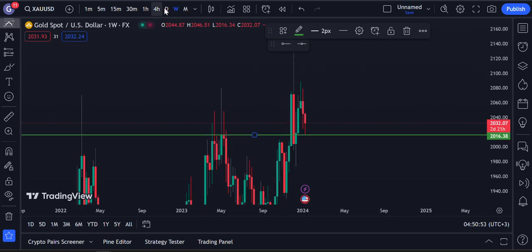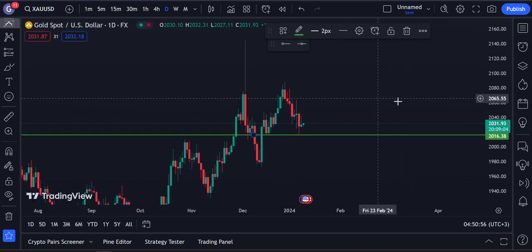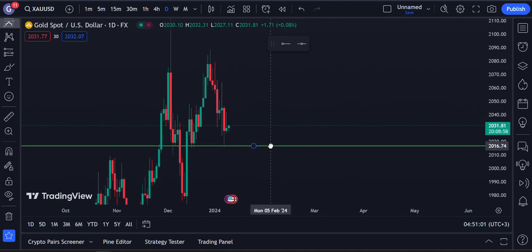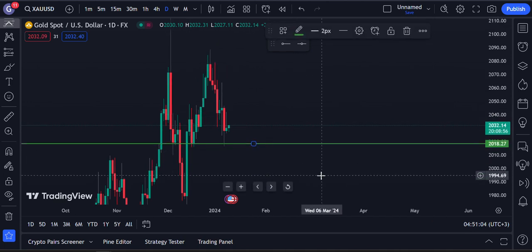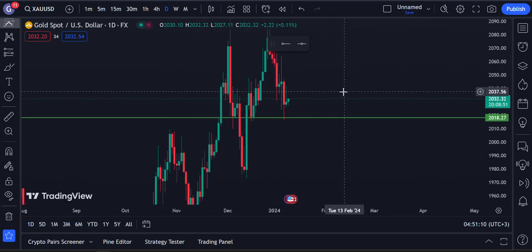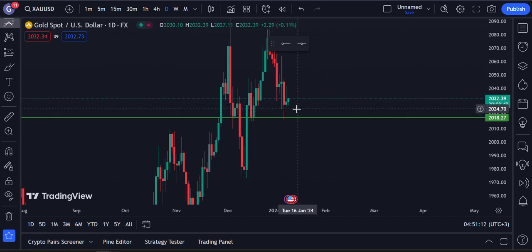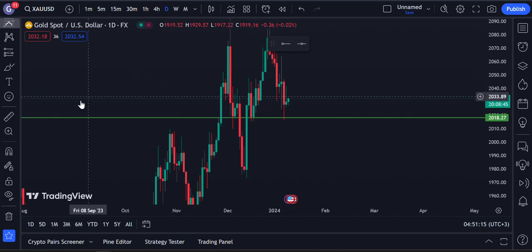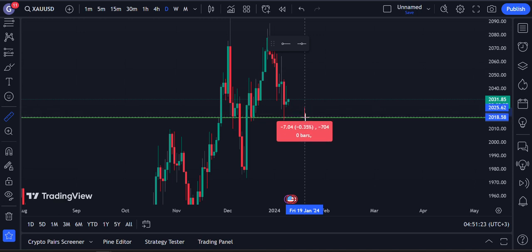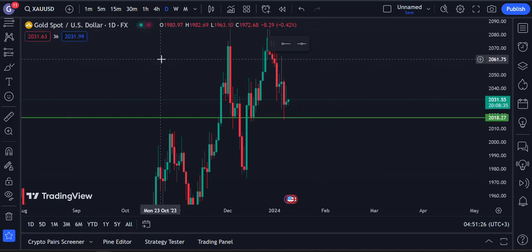So on the daily, we see that we formed a support at 2018, and it's clear that yesterday we formed a bullish candle, and if you're a price action trader, you definitely know that once we break this low, we have a 70 pip range that we can feel today.